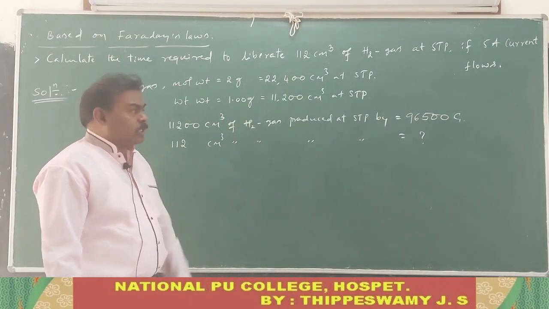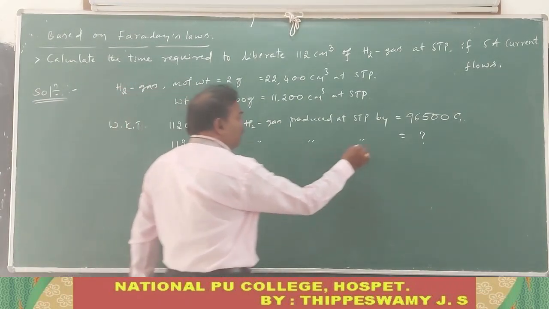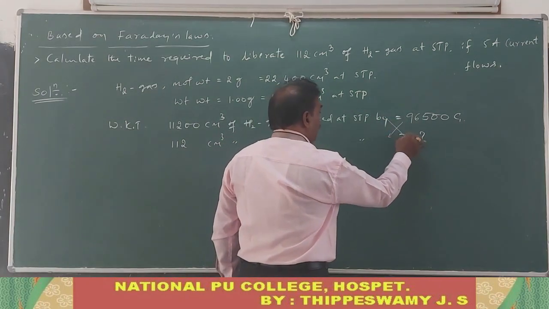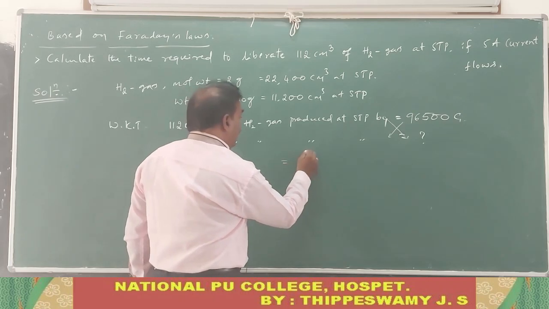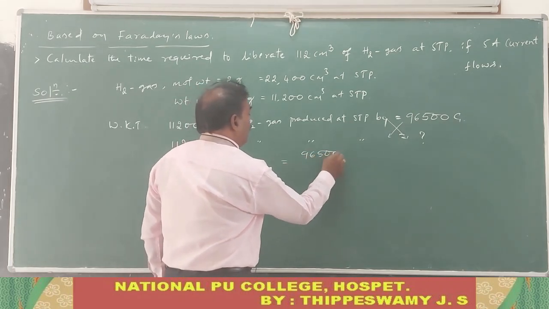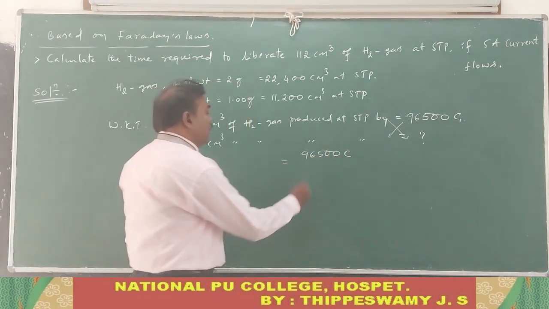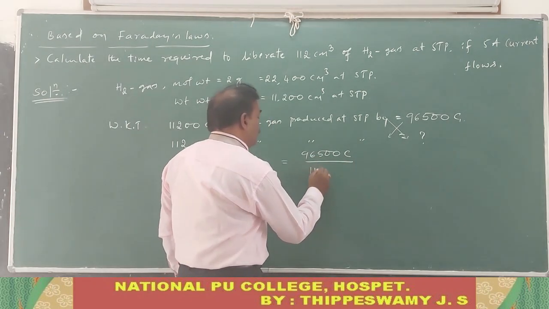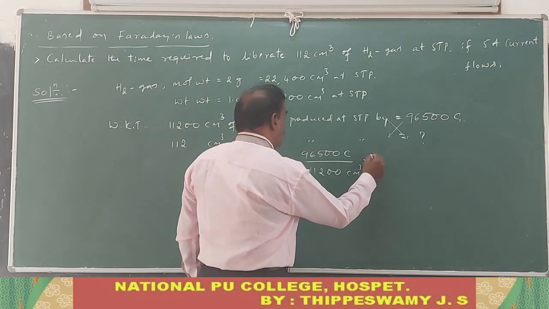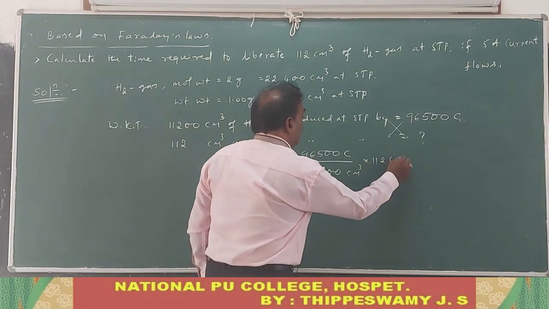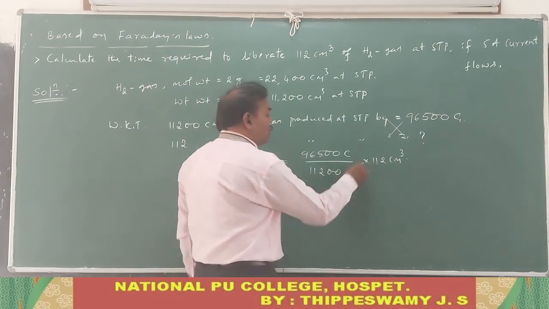So how to solve it? We take the cross multiplication. Q is equal to 96,500 coulomb divided by 11,200 cm cube into 112 cm cube. The two units get cancelled.